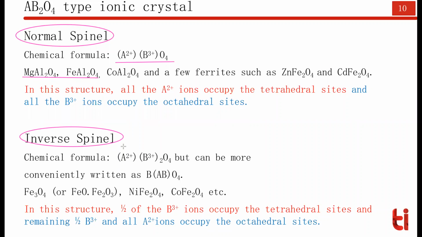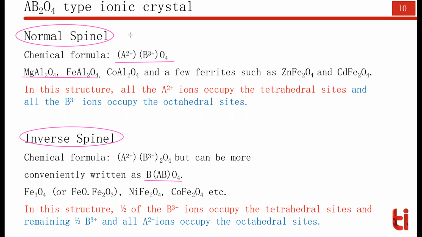If I want to write it in the form of a chemical formula, I can write the inverse spinel crystal structure chemical formula as B(AB)O4. What does it mean? One of the B atoms, remember your B atom is the one which has +3 valency, goes and occupies the tetrahedral site.